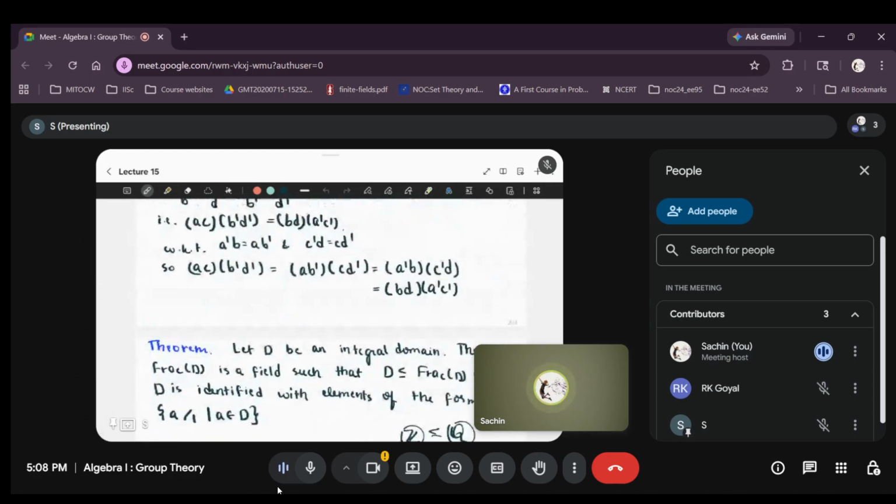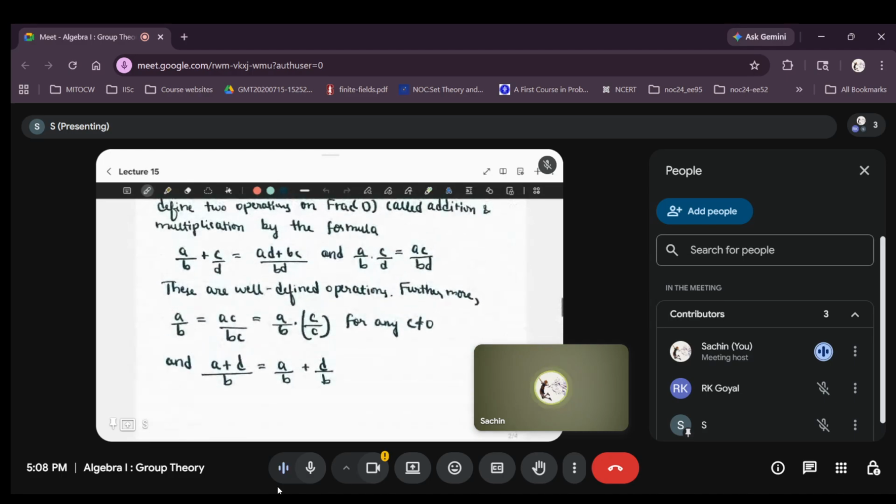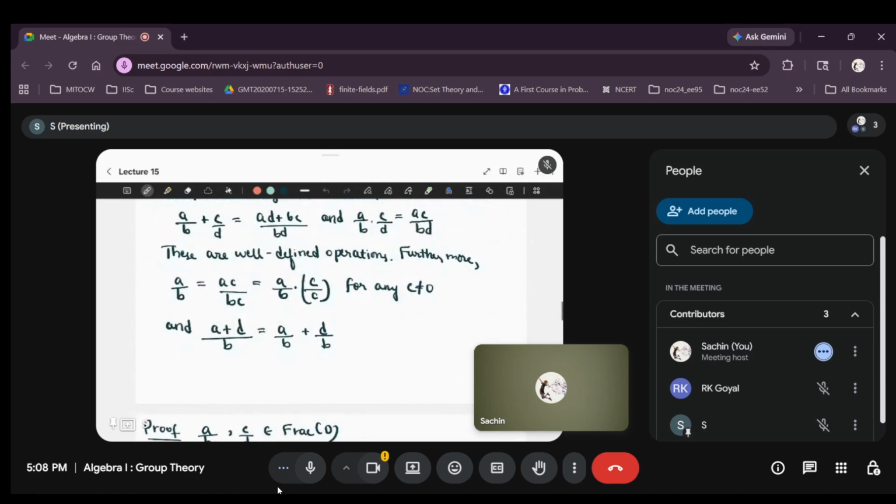Then after that, I had to show that a by b is equal to ac by bc, and for us a by b is equal to c by d if ad equals bc.